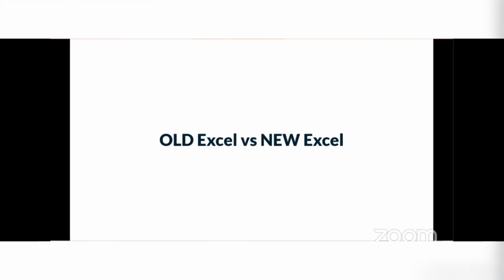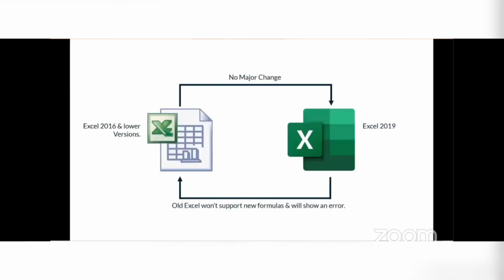So what would happen if you are using Excel 2019 and you share the file with someone who is not using Excel 2019, maybe an earlier version? In that case, I have a simple diagram to show what would happen.